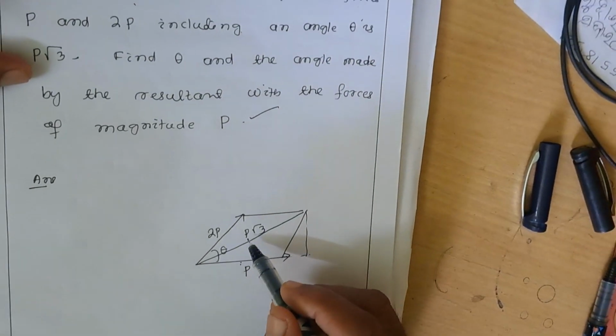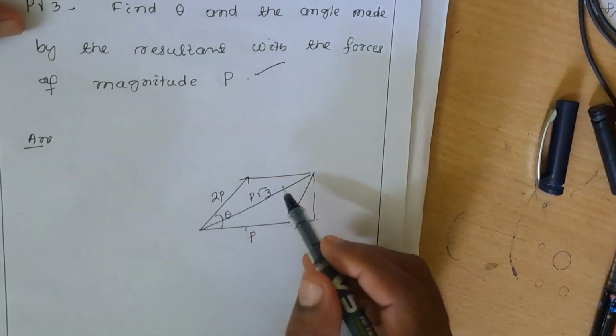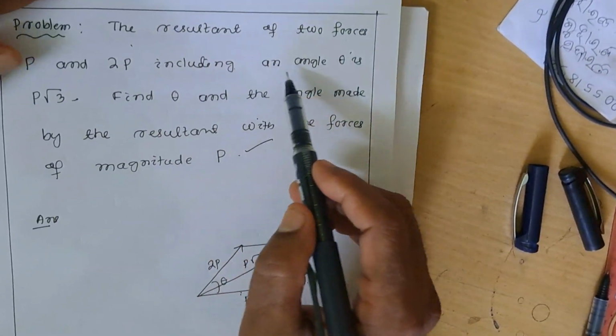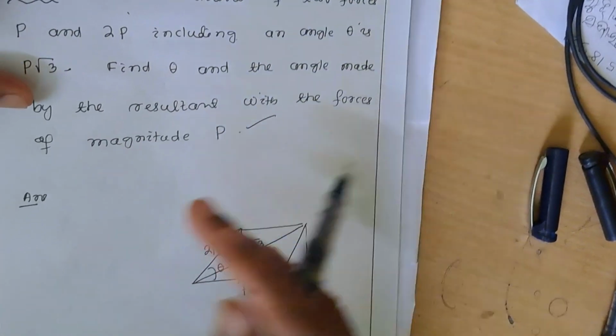And here the resultant is P root 3, because the resultant of two forces P and 2P, including an angle theta, is equal to P root 3.